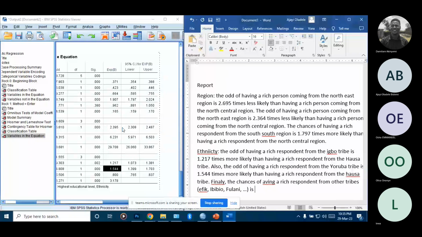Now this particular one is less than 1. So 1 divided by 0.8 is 1.25.